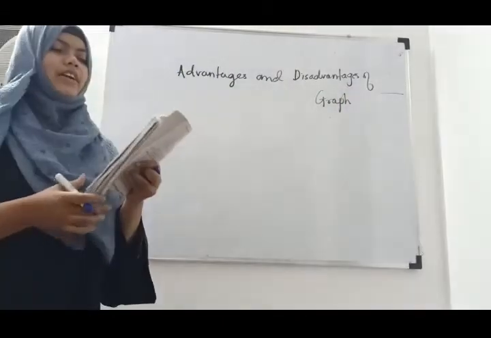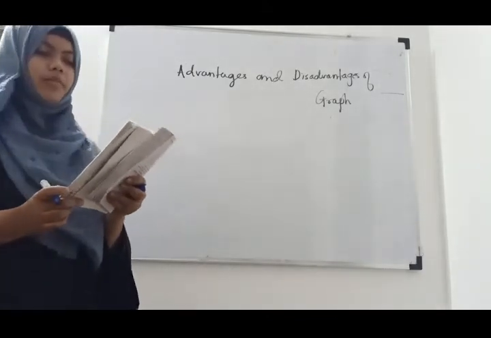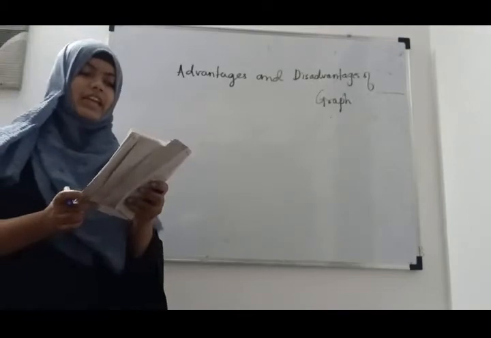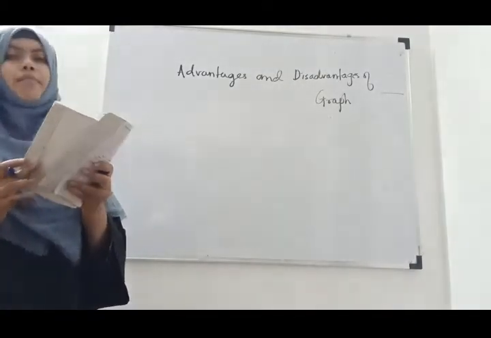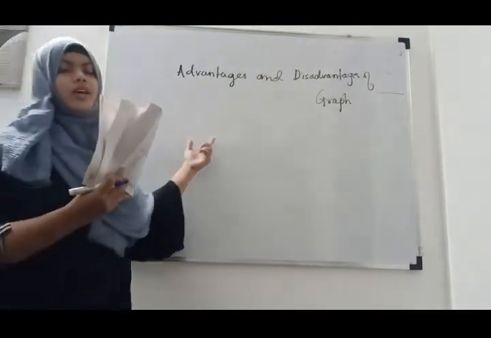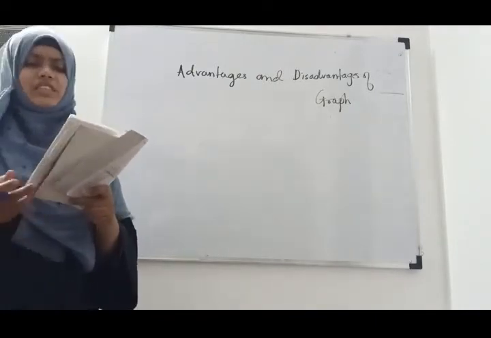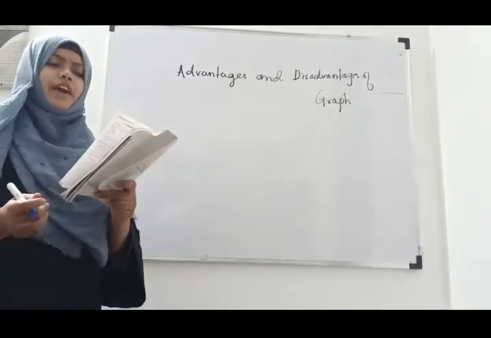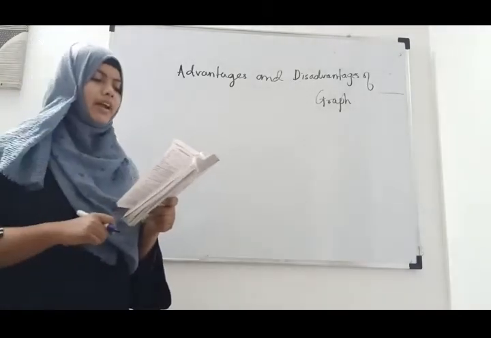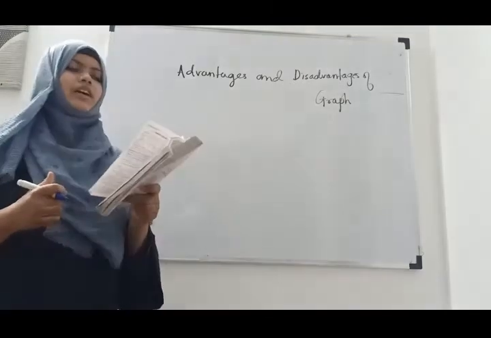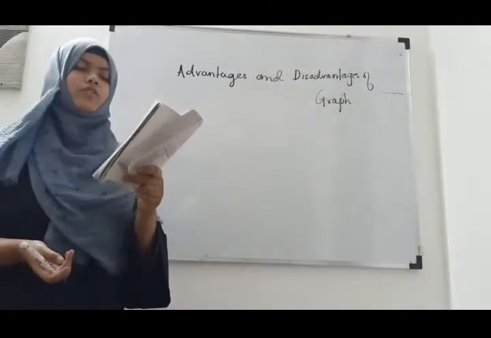The first advantage is the information is presented in condensed form. The second is facts are presented in a more effective and impressive manner as compared to the table. It looks more attractive and more impressive. Easy to understand, of course. Create an effect which lasts for a longer time. Facilitate the comparison, and help in revealing the patterns. With the help of a graph you can reveal the pattern of the distribution.